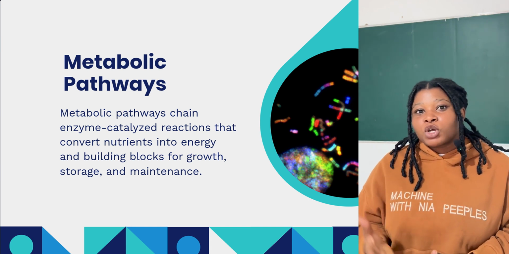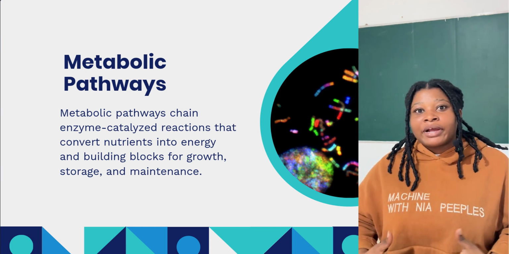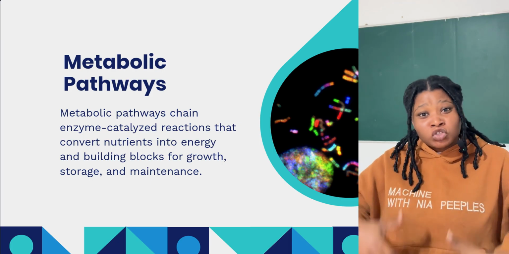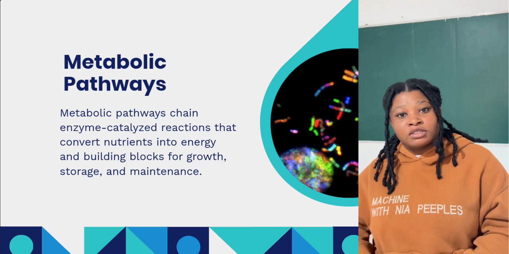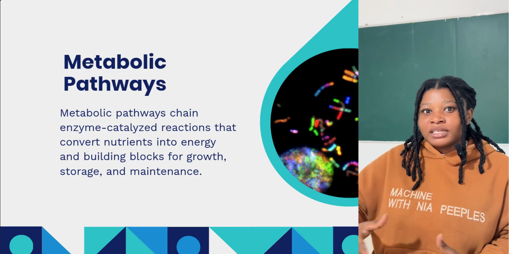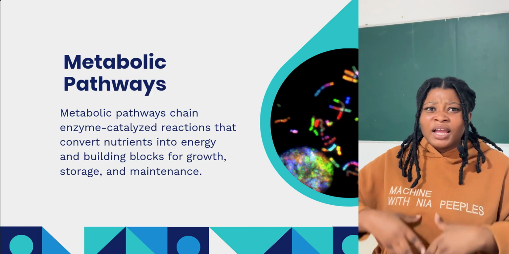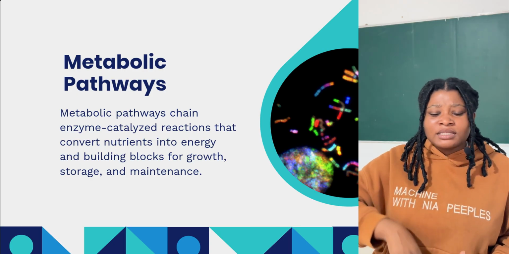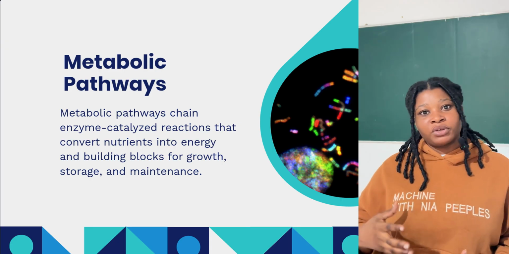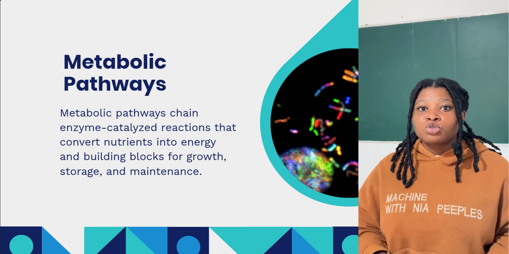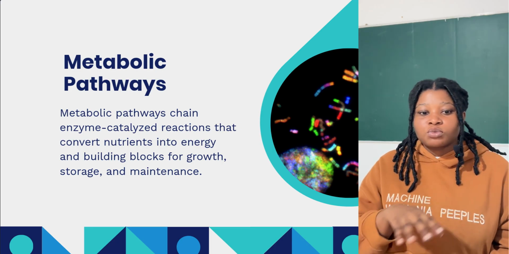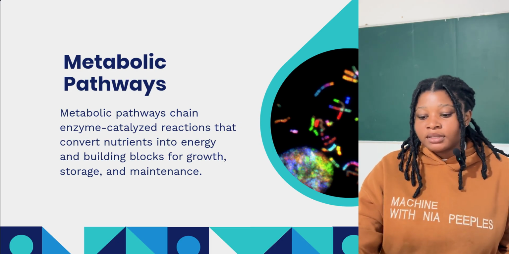For instance, if you consume something, there are enzymes that help whatever you have consumed to be broken down into sugar for your body to be able to absorb, and the breaking down is regulated by these catabolic pathways. And we have the anabolic pathways which come together to build. So that is what metabolic pathways do.